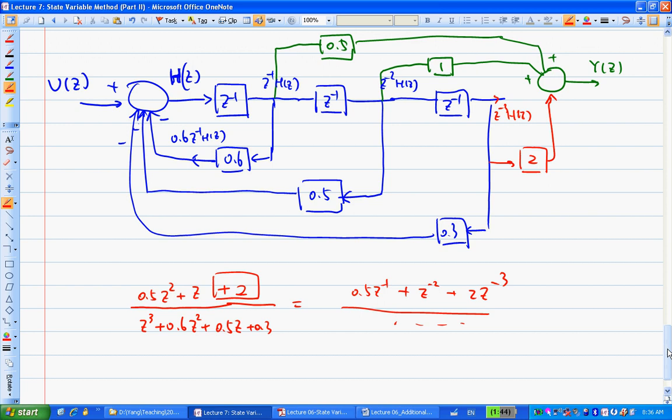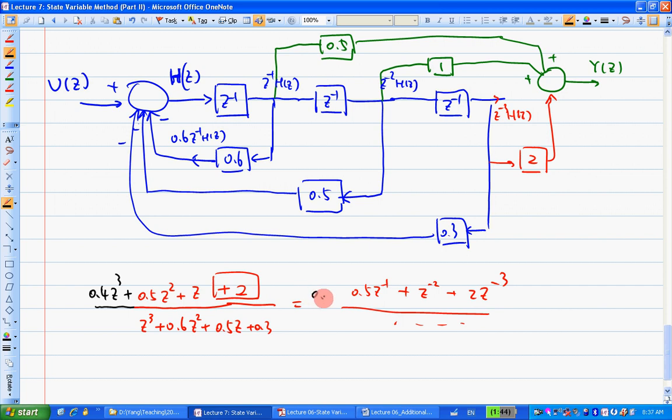So if I change that again, slightly, let's say if I have 0.4, plus z to the power 3 here.